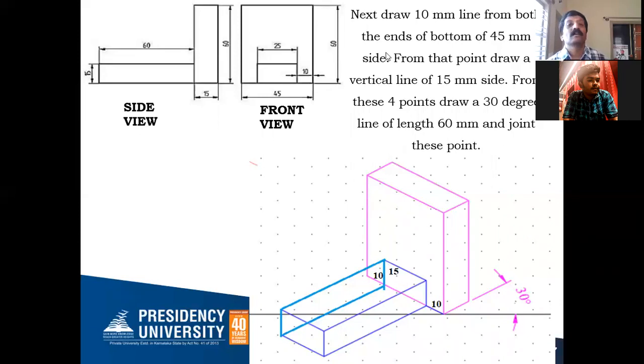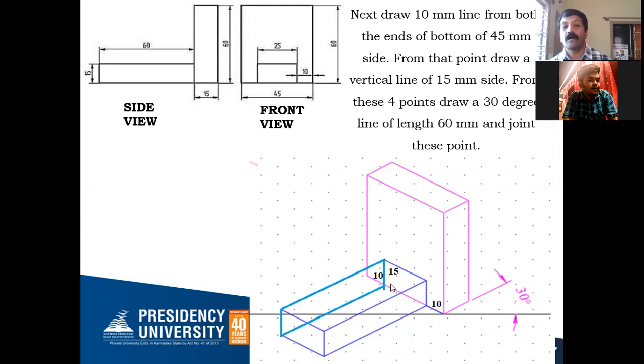So after this, what is the length of your rectangular prism, which is given 60 millimeter, correct? So now, how many points you are having? 1 2 3 4. From all the 4 points you draw a 30-degree line like this. Draw a 30-degree line in this direction.